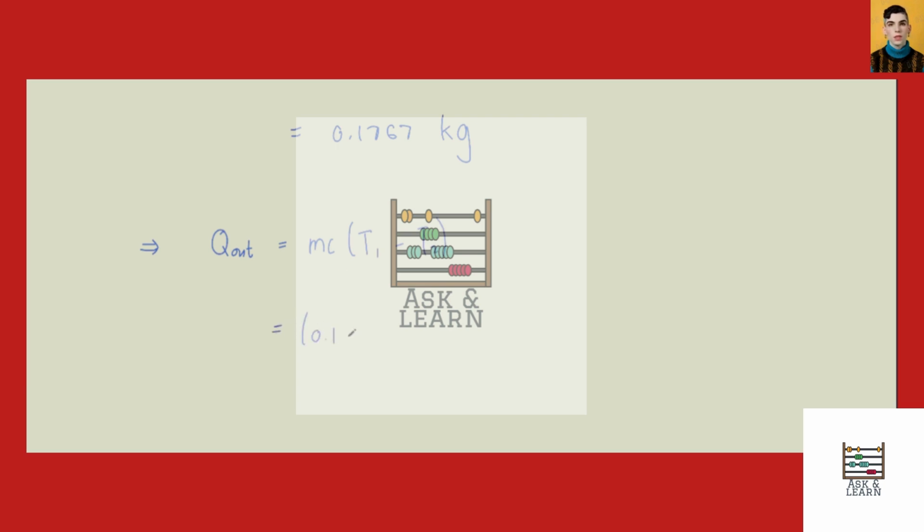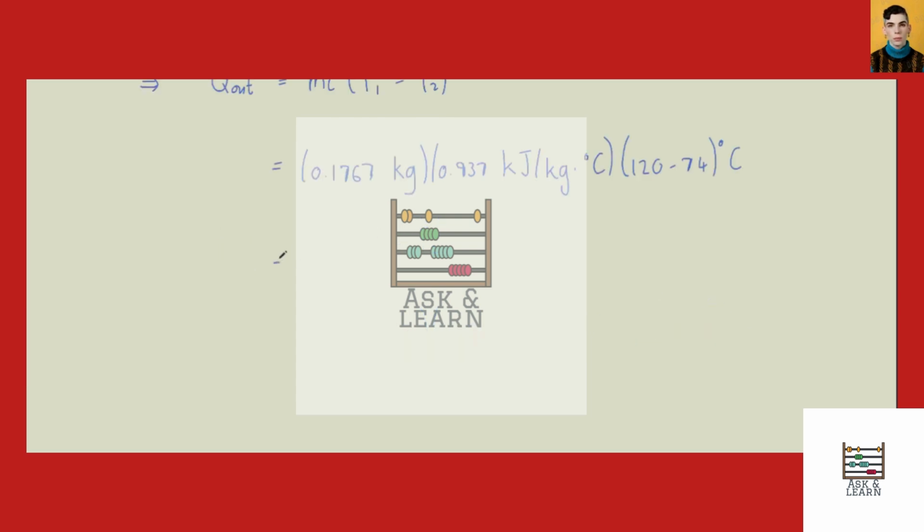That's 0.1767 kg for the mass times the specific heat of 0.937, that's kilojoule per kg degree Celsius, times a change in temperature of 120 minus 74 degrees Celsius. And so we get the energy, the heat transfer from one ball to the water is 7.62 kilojoules.